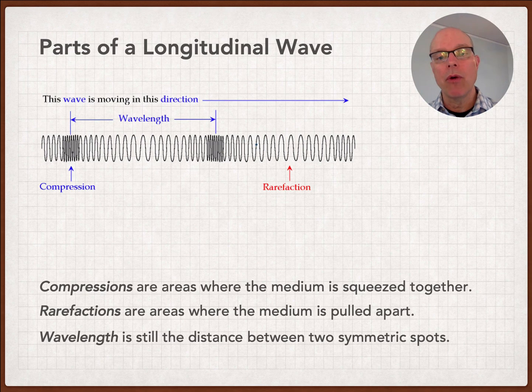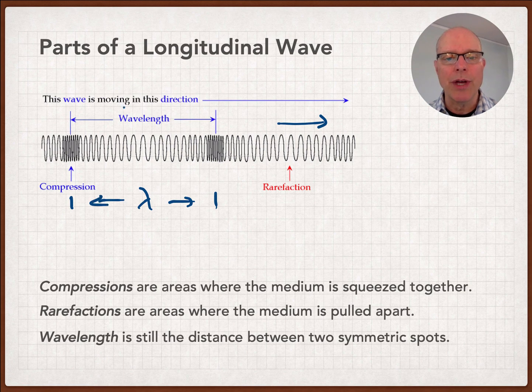So the idea of a rarefaction is that the slinky becomes rarer, so more spread out, and that spread out section also travels down the slinky just like the compression does. So finally, the vocab for longitudinal waves works out to be exactly the same. They still have frequency, they still have period, and the distance between this compression and this compression is still going to be called the wavelength, as you can see them doing in their little diagram here.